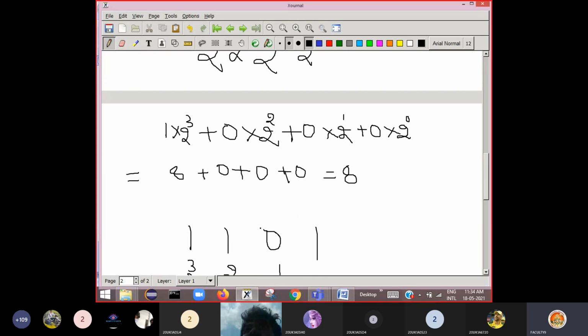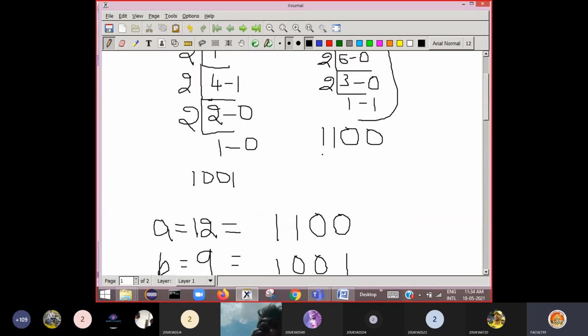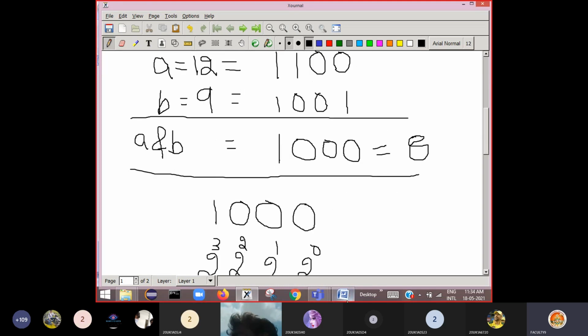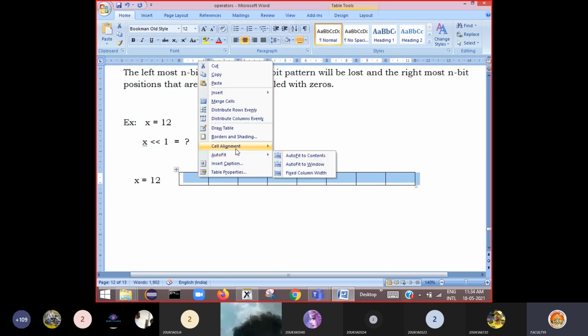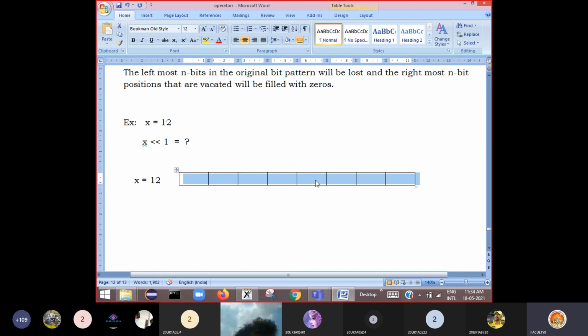So what is the binary form we got for 12? We got 1100 as the binary form for 12. So what I got here is 1 1 0 0. This is the bit pattern I got for 12.